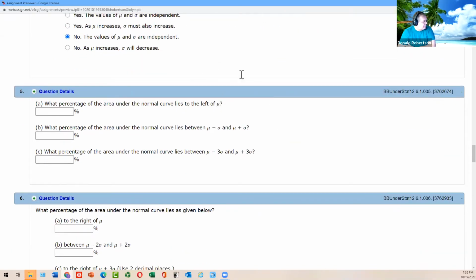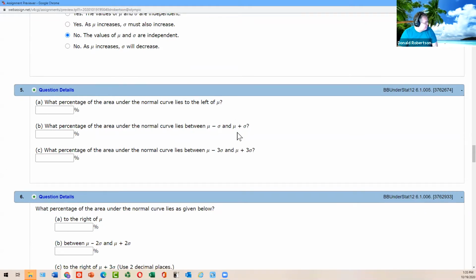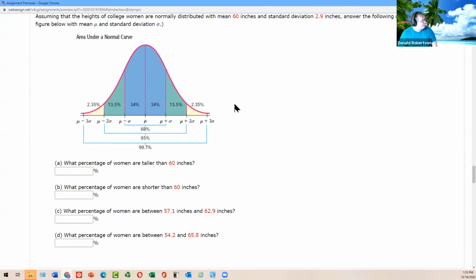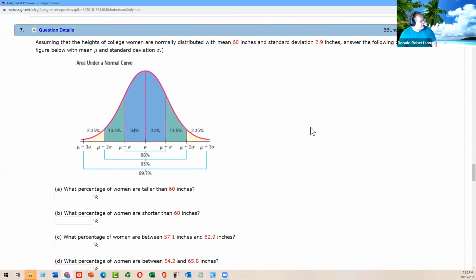This one is basically: tell me from the picture with the cut up pieces, what percentage? Is it 34? Is it 68? That kind of question. Same for question 6. There is a nice, pretty, much better drawn, coloured picture of the guy I was talking about. If you've got that in front of you, couldn't you just draw your number version and then figure out which pieces of the pie you need to add to get any particular value?